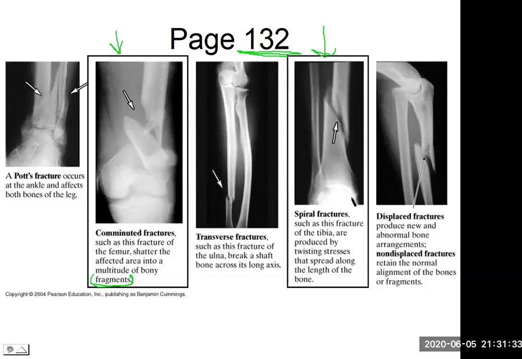A spiral fracture, this occurs when the bone is twisted, so there's some rotation, twisting, and that pressure then leads to the fracture, the break of the bone. So that spiral twisting type of fracture.